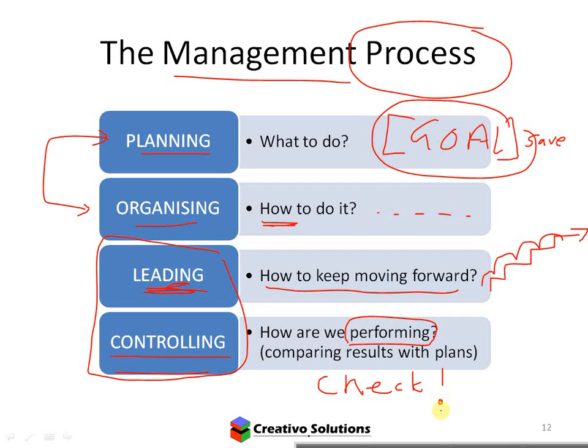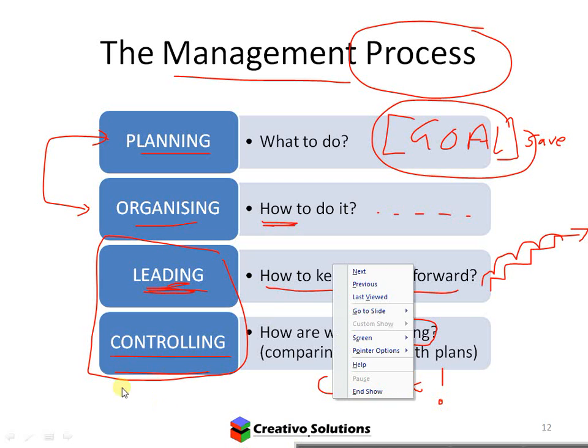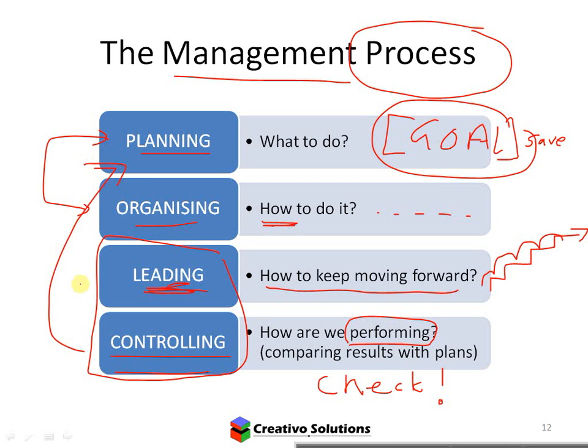Am I doing well? Is this working? Yes or no? If it isn't, what must you do? You need to go back to the planning stage or back to the organizing stage. And you're going to have to change either how you do it or why you're doing it, or what you're doing, depending on the situation. All right, so there's a process.